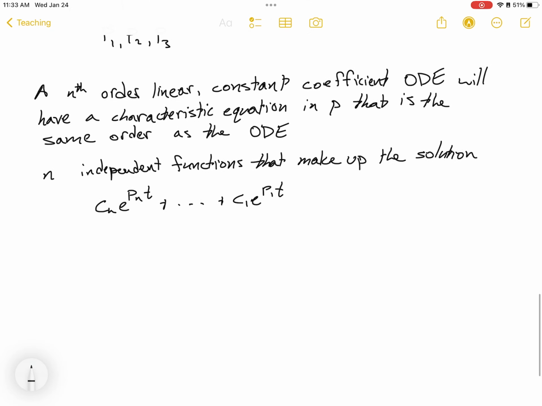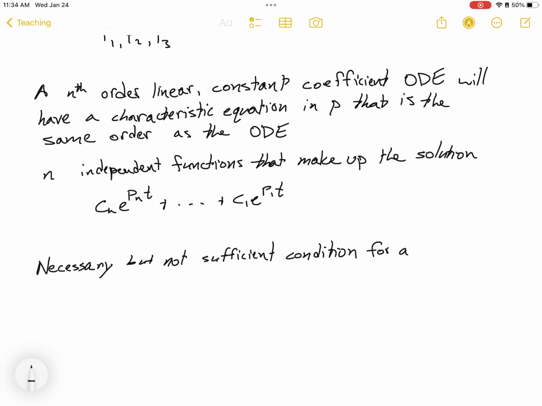And one helpful rule for starting to think about how these roots tell us about the stability and behavior of systems, we're going to introduce a necessary but not sufficient condition for a polynomial to have negative roots.